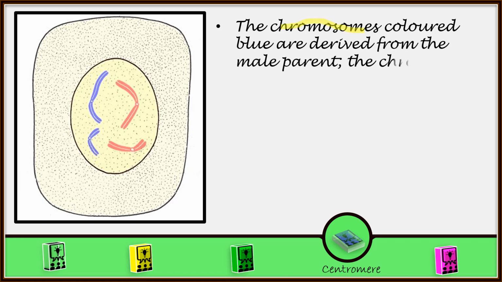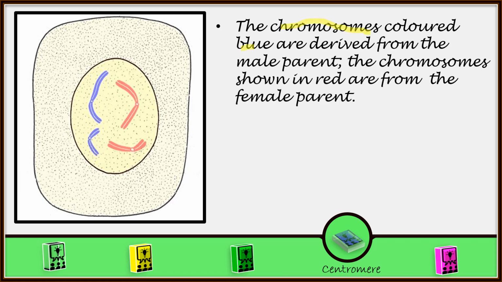The chromosomes colored blue are derived from the male parent, and the chromosomes shown in red are from the female parent. So these blue chromosomes, we shall take to be the chromosomes coming from the male parent.